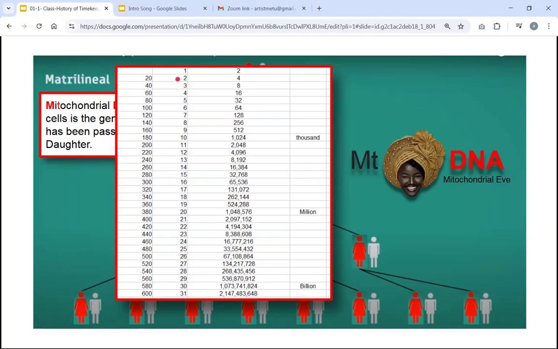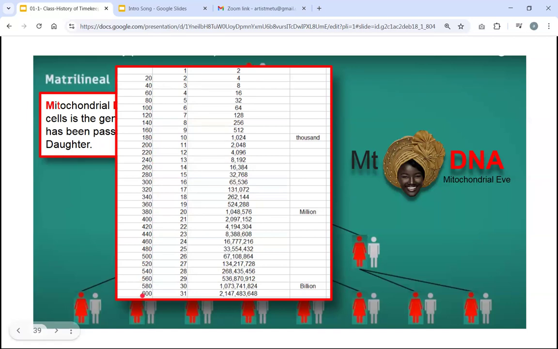So they also have what? Two sets of genes each. So this means that not only do you have your mother and father's genes in you, you have your grandmother's and your grandfather's. So if we keep going down 20 years, 40 years, 60 years, down to 600 years, right?